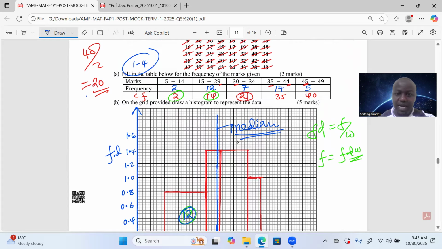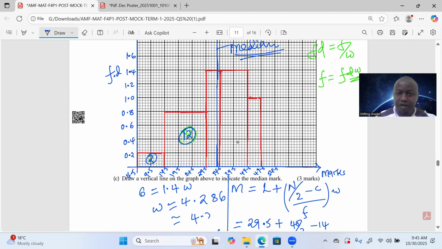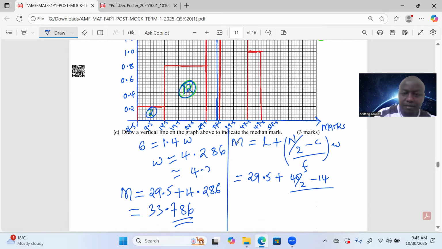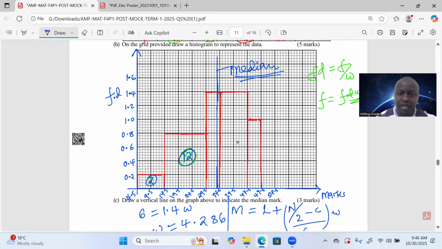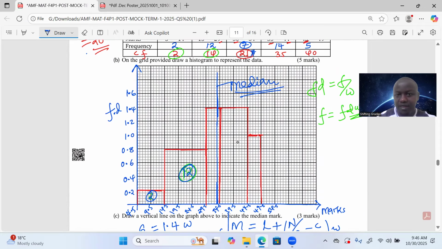Just before the median class, we had 14. The median class has a cumulative frequency of 21, but before the median class, we had 14. So we subtract 14 here, divide by the frequency of the median class, which is 7, multiplied by the class length, from 30 to 34. That's 5.